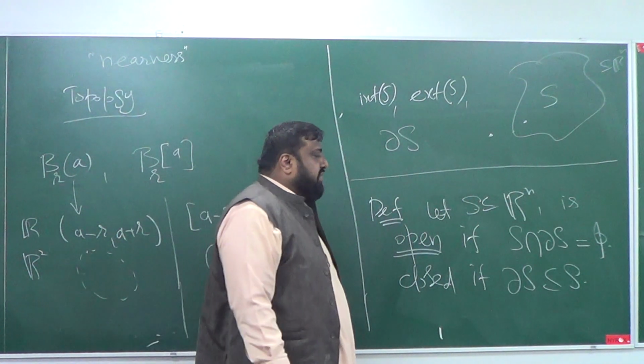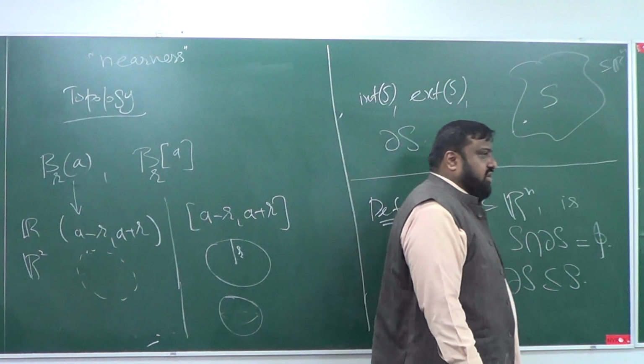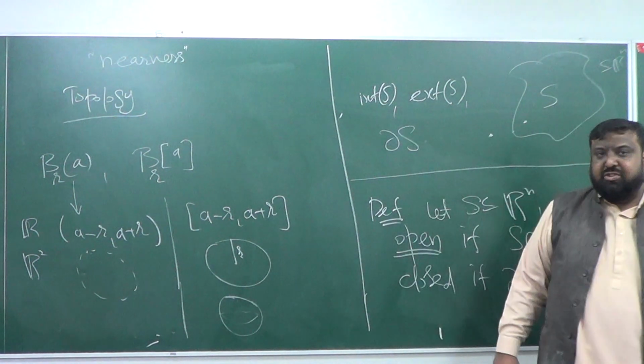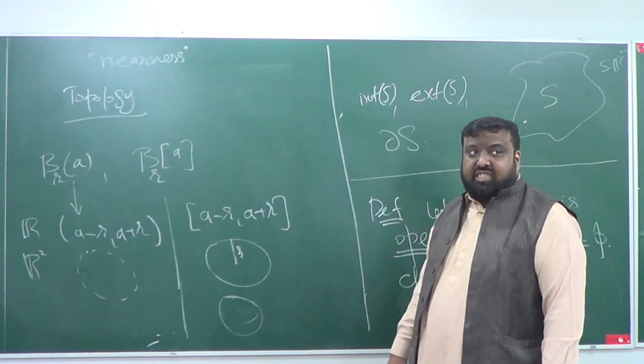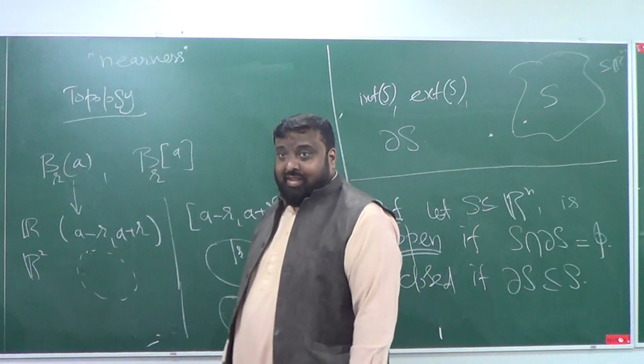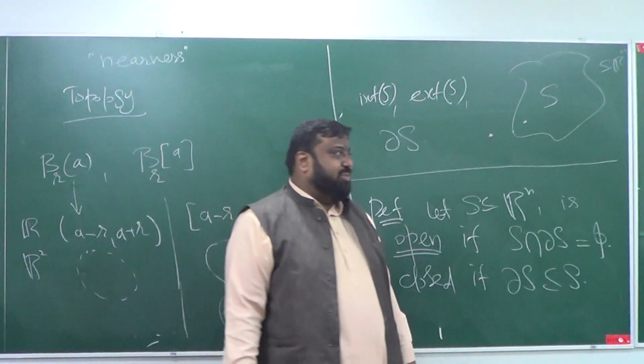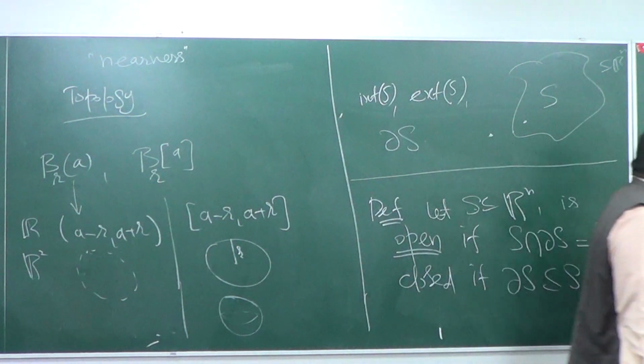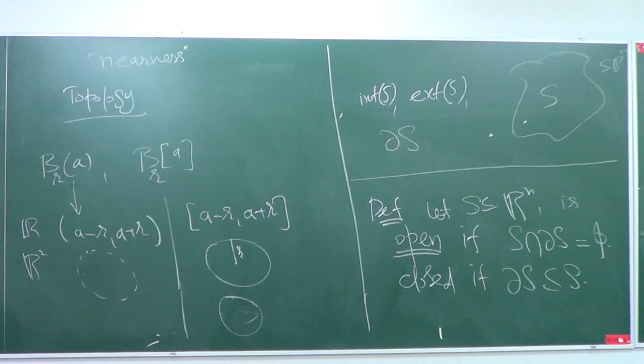And there's a famous joke in what we call topology. What's the difference between a set and a door? We know about a door that it is either closed or open.